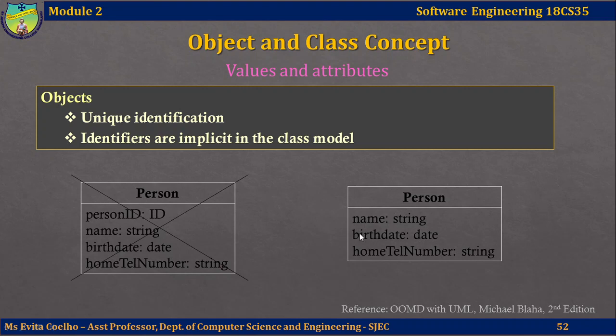So this is the right way of representing a class person with three attributes: name, which is of type string, birth date, which is of type date, and home tel number, which is of type string.